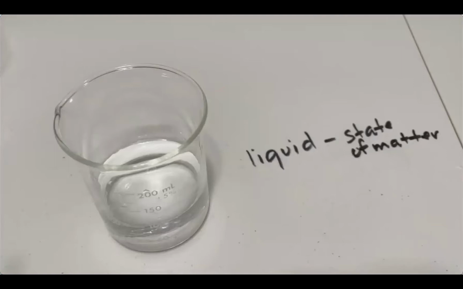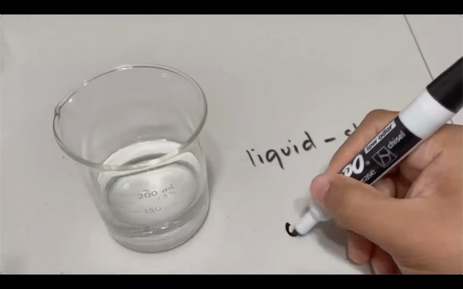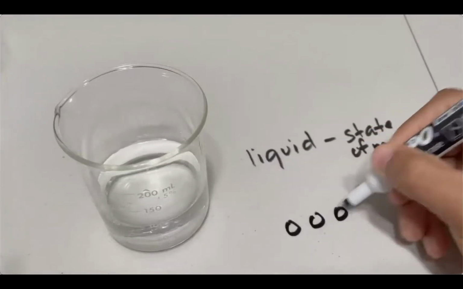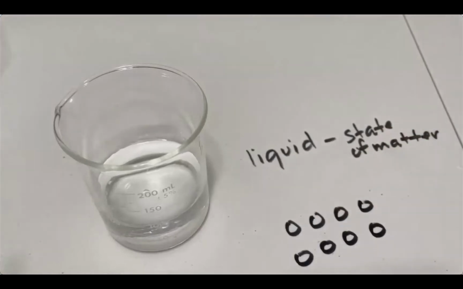Now, regarding the particles of a liquid, you might have guessed that they are a little bit further apart. They are more free to flow. So, hypothetically, if you were able to see the water particles, the matter that makes up this liquid, they would probably look a little bit further apart than the solid I just drew.